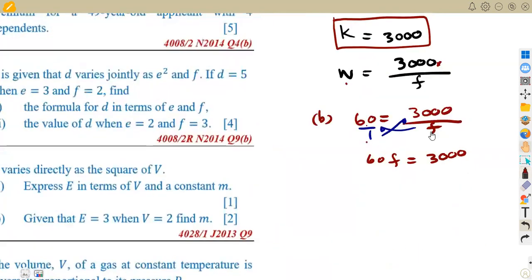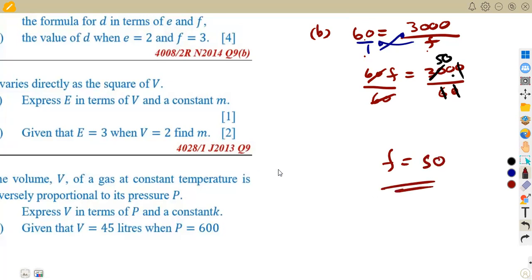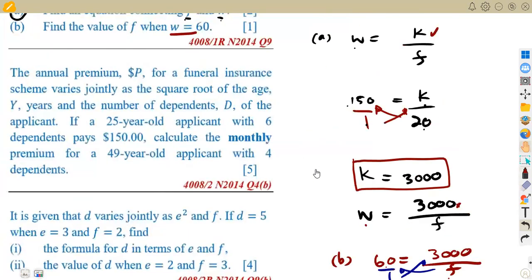So to find F, what are we going to do? We can simply divide by 60. All right, so thus we have got the value of F in this case, which is going to be what? 6 into 30, that is 5, 5 into 0, that is a 0 there. So we're going to have 50. So that was the whole idea of our question done on this part.